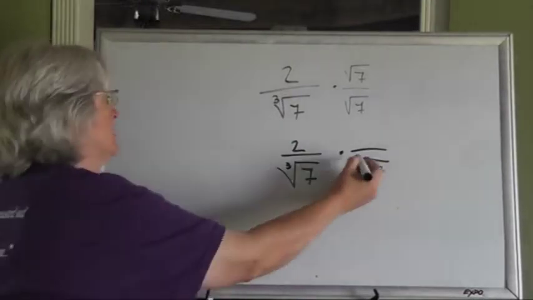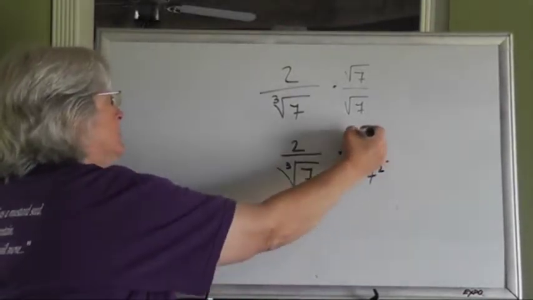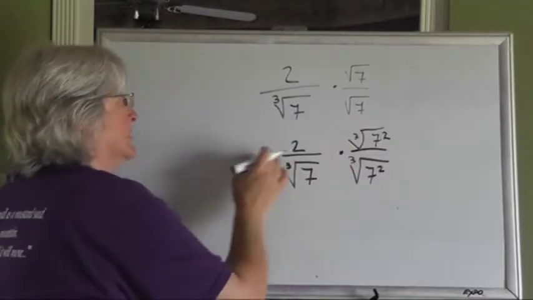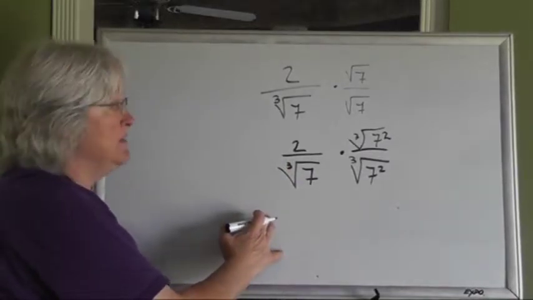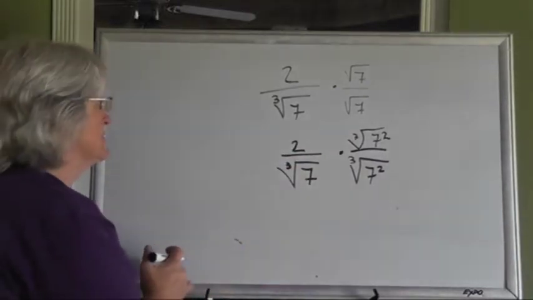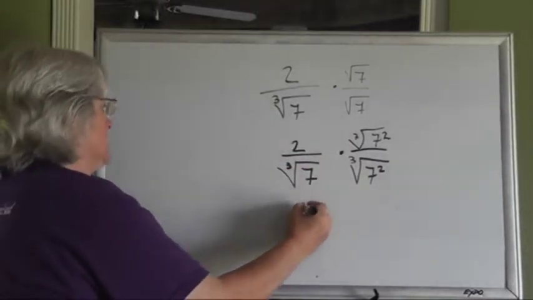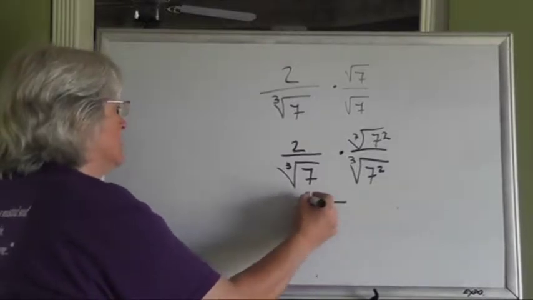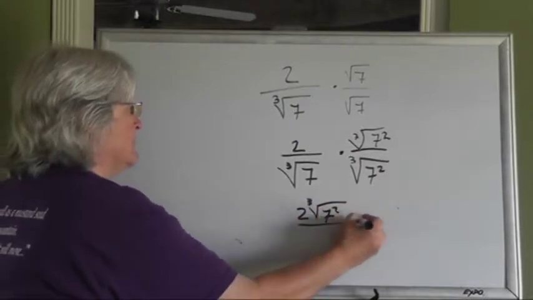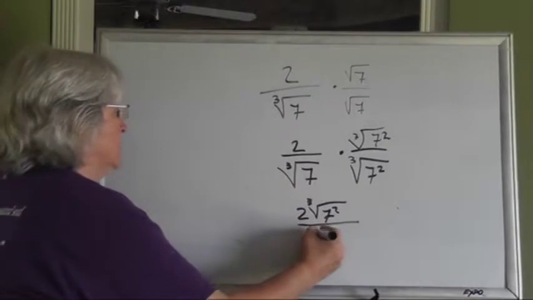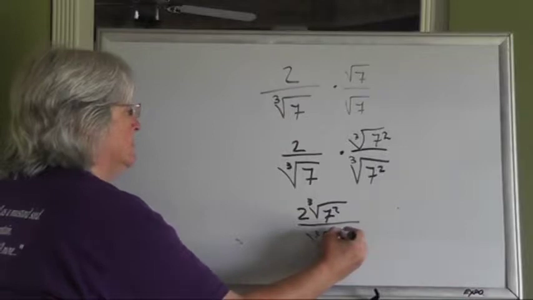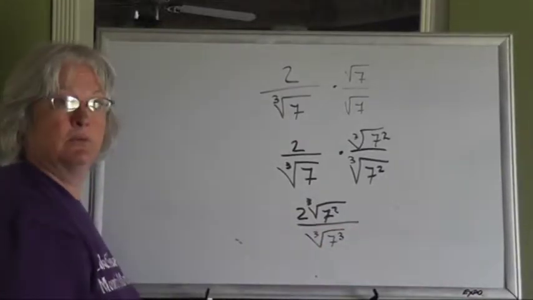What root are we taking? We're taking our cube root. So we are going to multiply 2 divided by the cube root of 7 by the cube root of 7 squared over the cube root of 7 squared. That gives us 2 times the cube root of 7 squared divided by the cube root of 7 cubed.